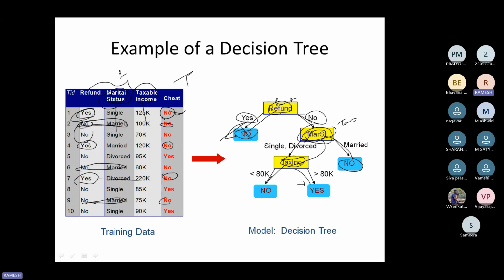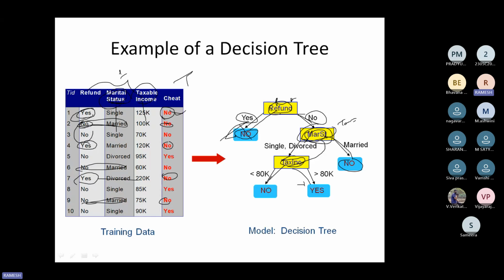Understood? Our topic is the decision tree: forming a tree from the given data set. It can solve both classification and regression problems. It is supervised learning because there is a target variable.